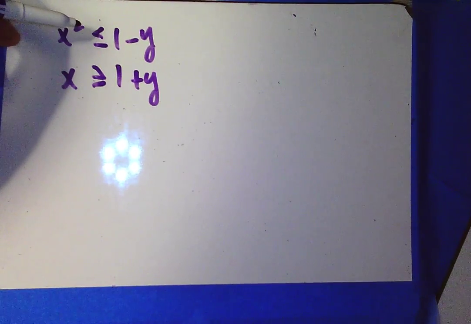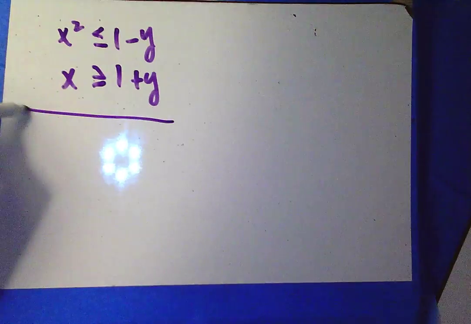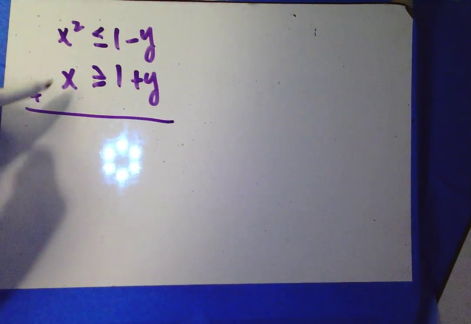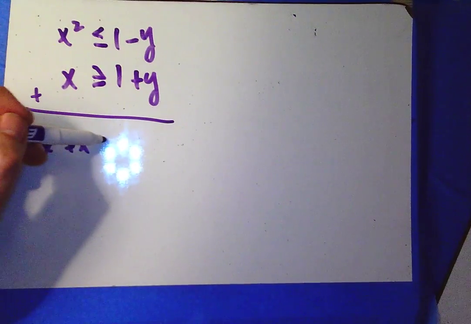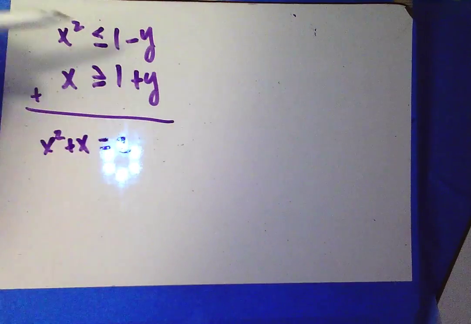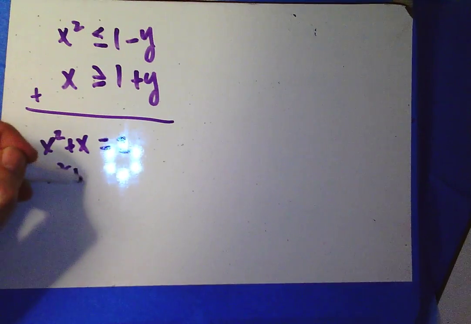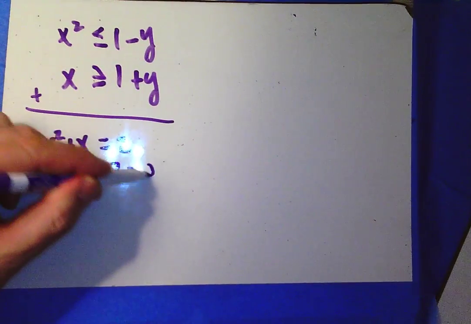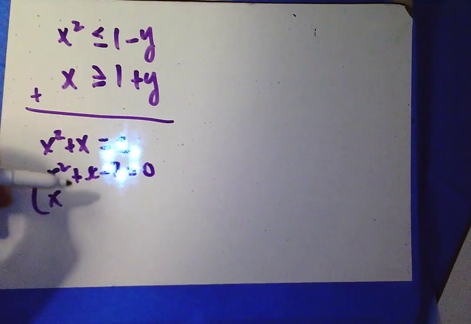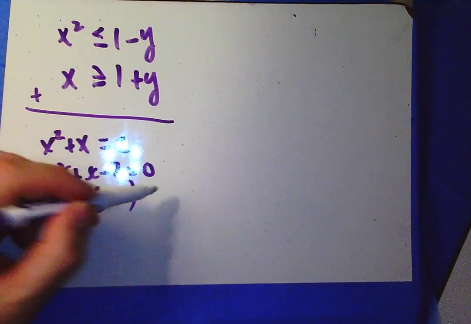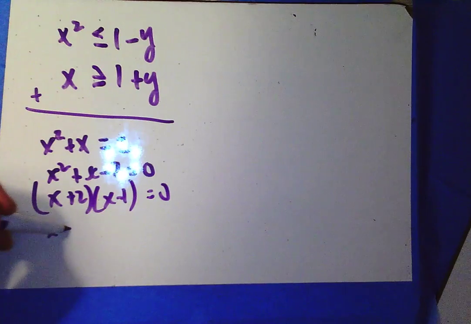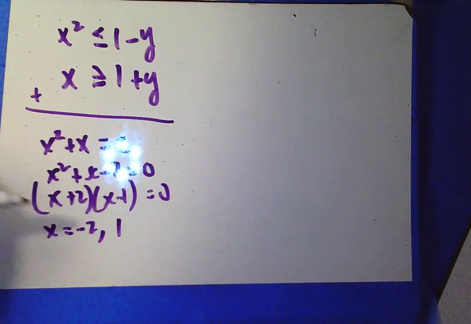Actually, the first thing I was thinking about was finding the point of intersection, because if I added these two equations, I'd have x squared plus x equals 2, and the y's would cancel. Or x squared plus x minus 2 equals 0, which factors as (x plus 2)(x minus 1). And so I know x equals negative 2 and positive 1 are points of intersection.